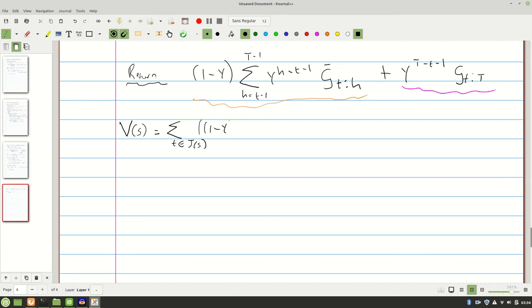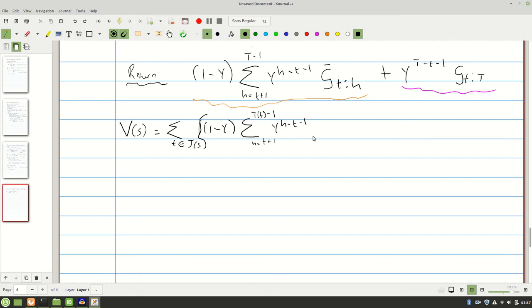So we have 1 minus gamma here, and then we have the summation from h equals t plus 1 up to T minus 1 of the same thing, gamma to the power h minus t minus 1, times our importance sampling.